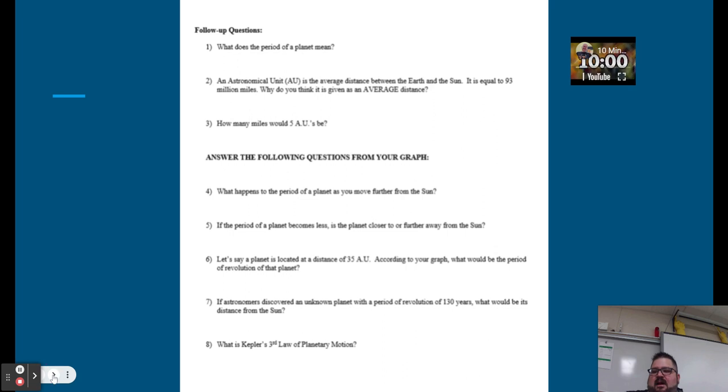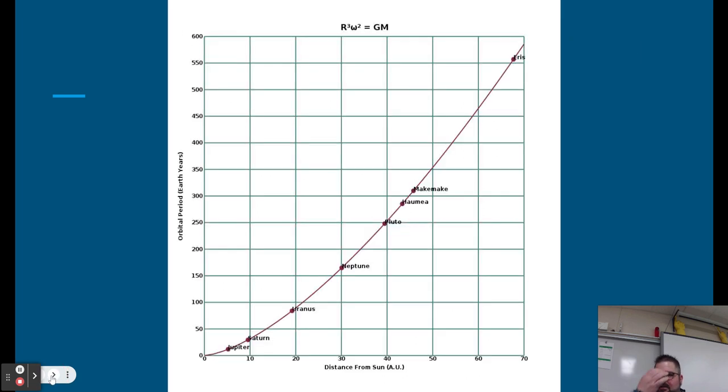I have a graph up here. Yours is going to look a little bit different than this, but this is just one I got from Google. The idea is once you get all your points plotted, you should be able to lay a smooth line on those.